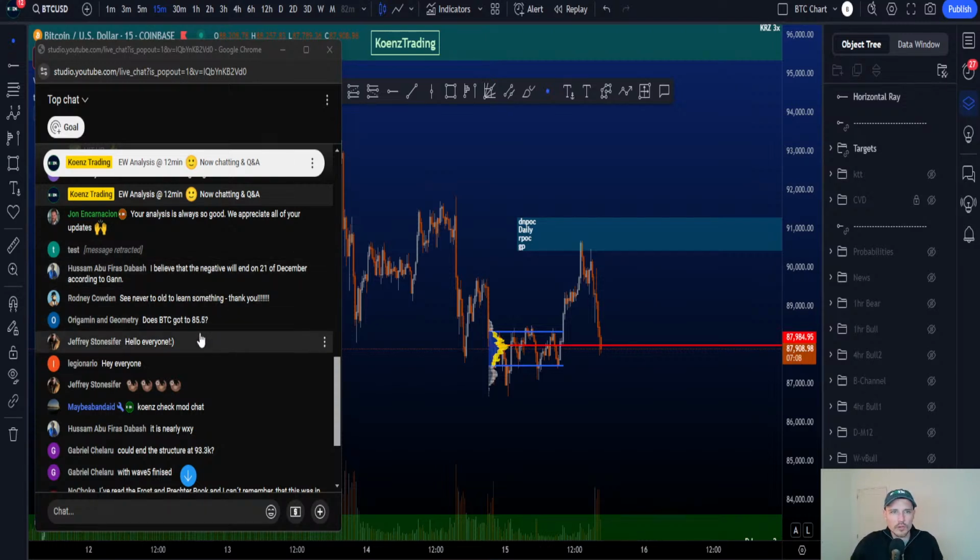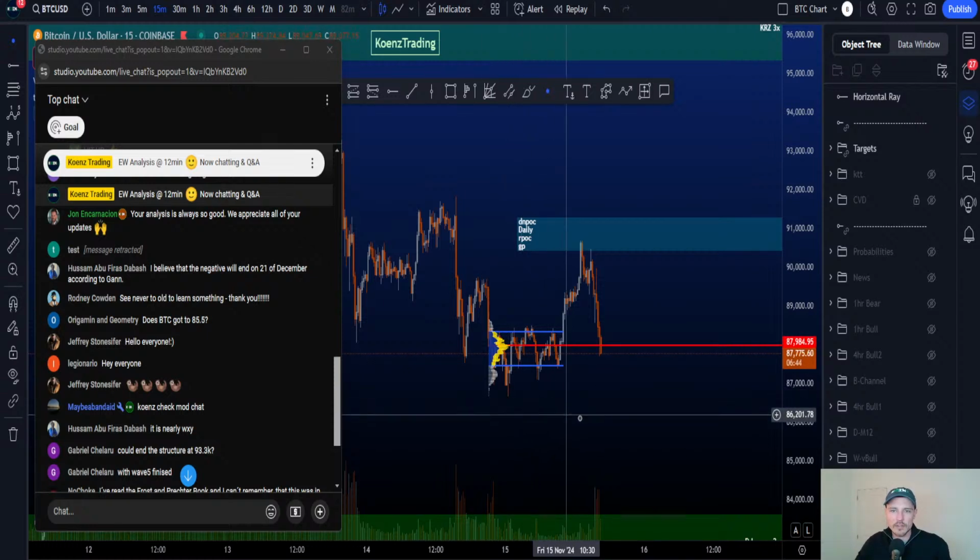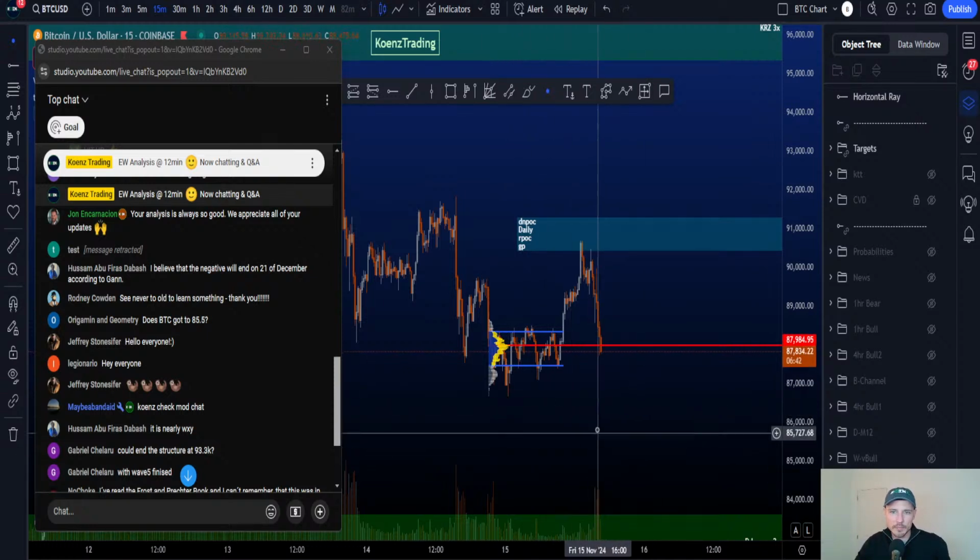Does Bitcoin go to 85.5K? It's currently en route to 85.5K. Will it hit 85.5? Of course, I won't be able to tell because there's no glass ball. It's all probabilities. But at the moment, your probabilities, as explained just now, are higher to still take out this low. And once you take out the low, there's little bits and pieces of support.